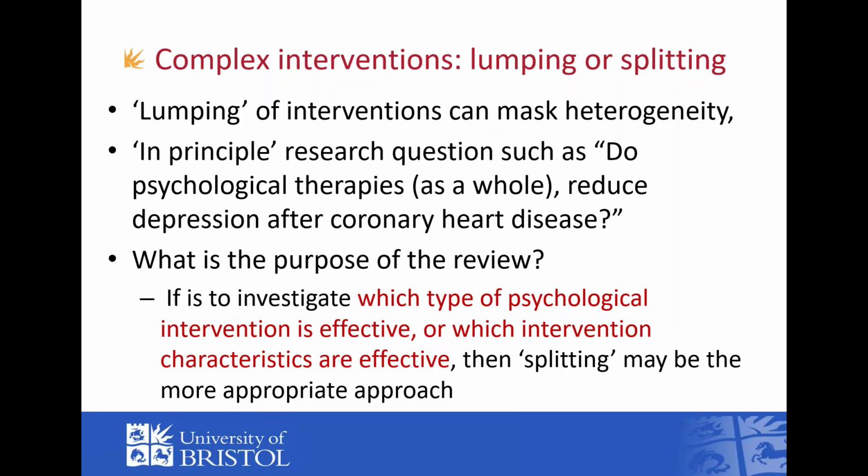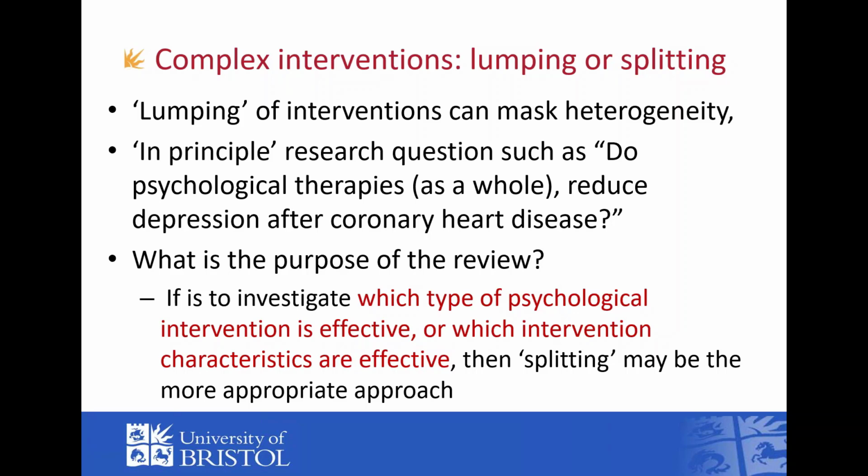However, if the purpose of the review is to investigate which type of psychological intervention is effective, or which intervention characteristics are effective, then perhaps splitting those interventions, dismantling them, may be the more helpful approach.